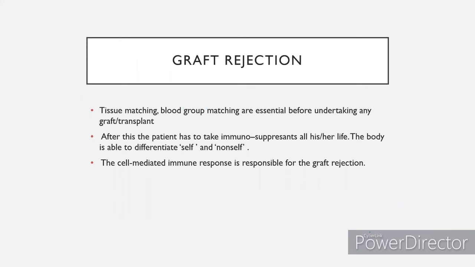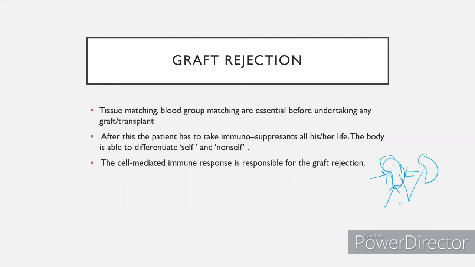Now, graft rejection. For example, if a person has kidney failure and both the kidneys have failed, he will go through a kidney transplantation. This particular kidney that we have got is a new kidney from a donor, and it is harmful to the person in some way because it's a foreign object. It's a foreign kidney.